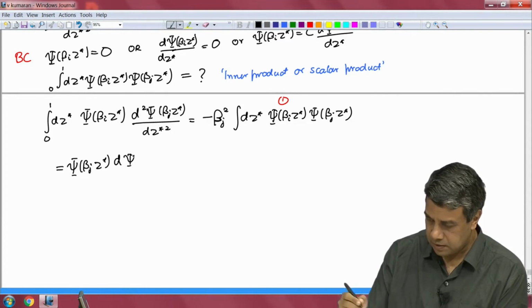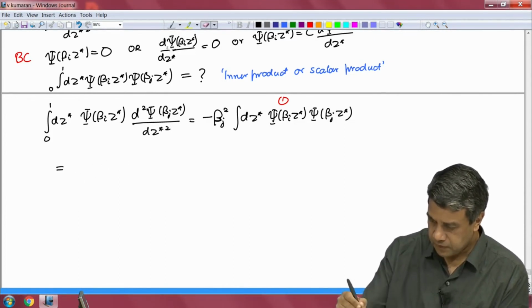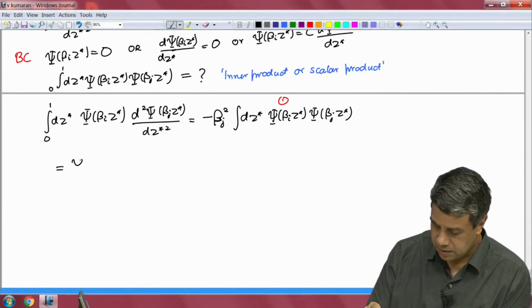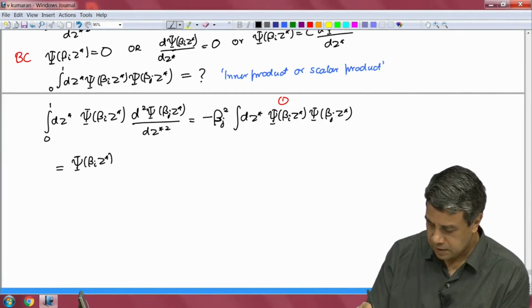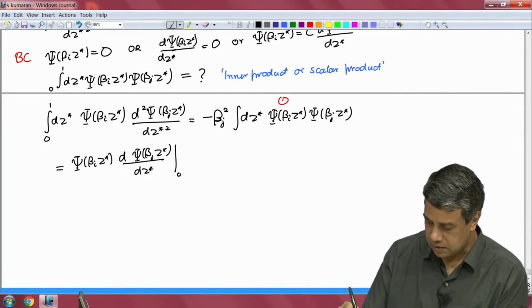The first term has to be psi of beta i z star d psi of beta j z star by dz star, between 0 and 1.